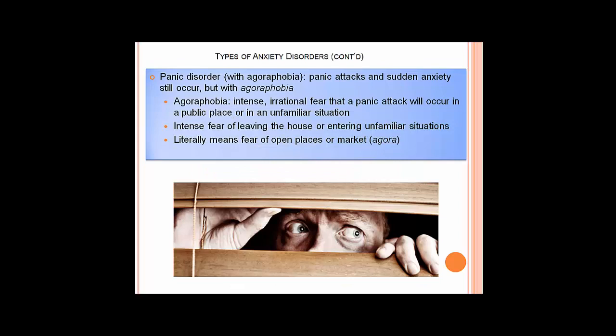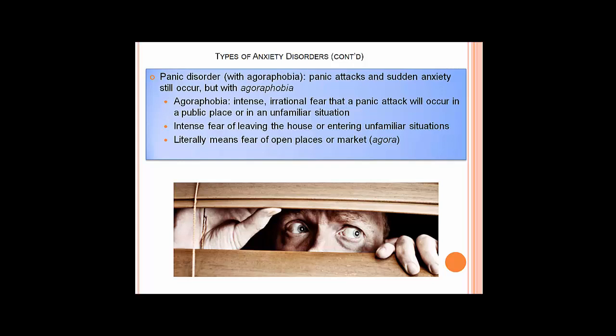Panic disorder with agoraphobia. And so we're going to talk about also what agoraphobia is. What is agoraphobia? It is an intense, irrational fear that a panic attack will occur in a public place or in an unfamiliar situation. So there's movies, things about agoraphobia, or people with agoraphobia.